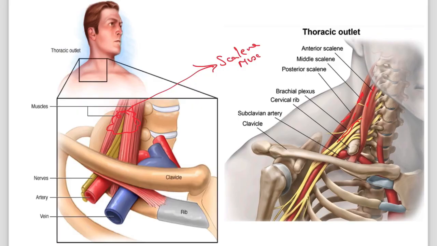If any muscle gets hypertrophy, or any tumor, mostly here one will get a tumor that we call a Pancoast tumor. If any patient has that type of tumor, then it can cause thoracic outlet syndrome. Because of this, the subclavian vessels will also get compressed.